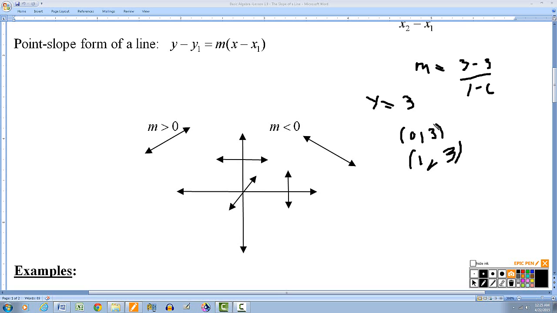But 3 - 3 is 0, and 1 - 0 is 1, so 0 divided by 1 is 0. And of course that's going to be the case no matter what the horizontal line is, because for a horizontal line the y value is constant. So when you take the difference on top, you're always going to get 0. So that's why horizontal lines have a slope of 0.